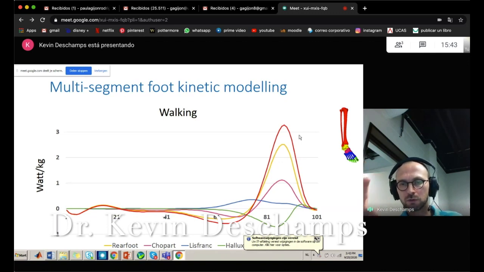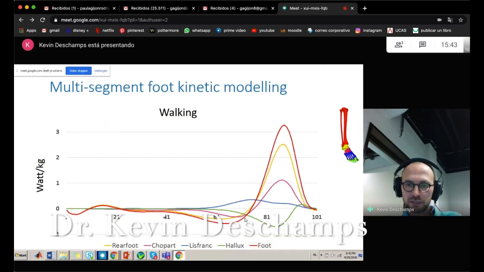Secondly, we see also, and this is for the first time, that we could clearly describe the kinetic behavior in those distinct joints of the foot. For example, in the rear foot, that absorption and generation capacity is considerably there.